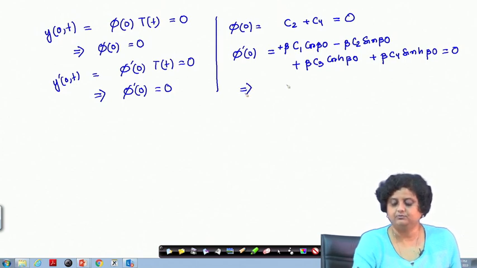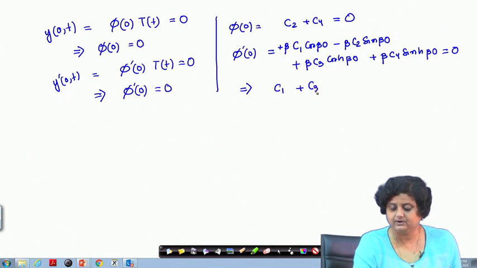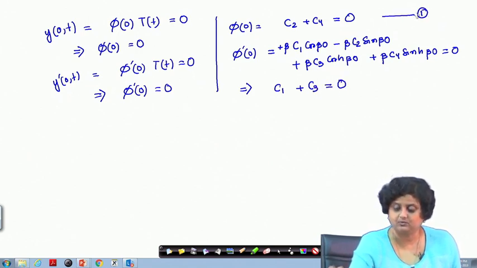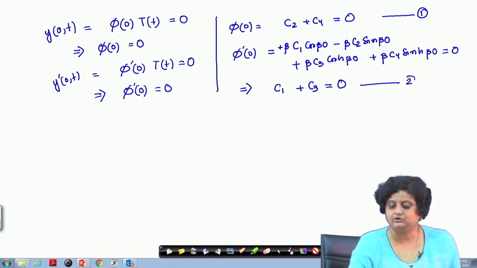So, that gives me C 1 plus C 3 is equal to 0. So, let me call this equation 1 and this equation 2.